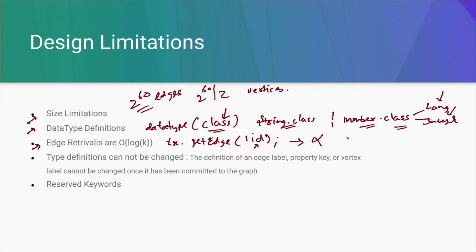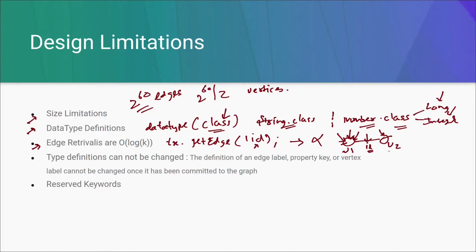Let's suppose we have an edge between vertex 1 and vertex 2, and the edge has an ID, and using this ID we are trying to retrieve this edge. So what JanusGraph will try to do is get the vertex, any adjacent vertex, it can be V1 or V2, which has fewer incident edges.